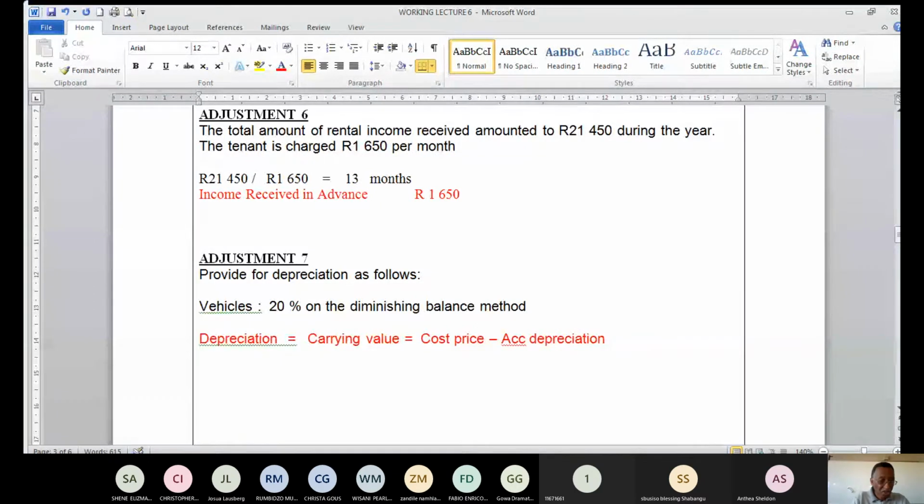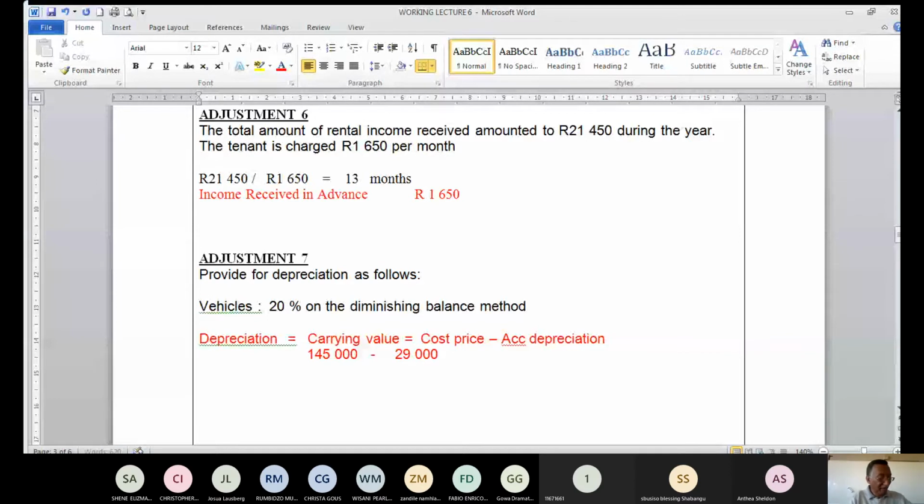So if you go to vehicles now in your trial balance, you will see that the vehicle account at cost, the vehicles have got a balance of 145,000 Rand. Accumulated depreciation on the vehicles is an amount of 29,000 Rand.